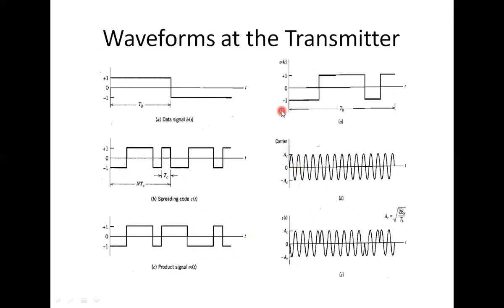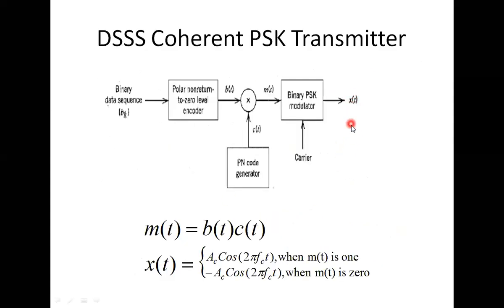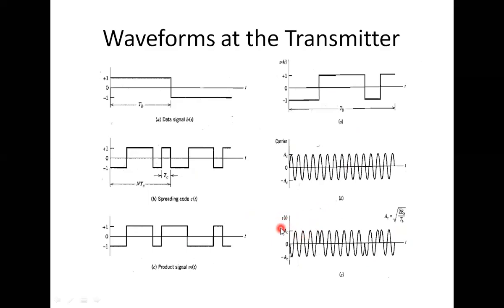So whenever the message signal is equal to -1 volt, it is an inverted sine, and whenever it is +1, it is a non-inverted sine. So this is S of t, I mean, basically it is X of t. So this should be X of t. X of t is the signal which is being transmitted now.